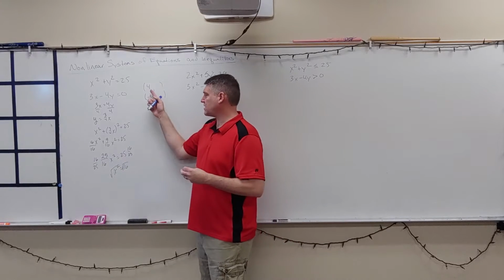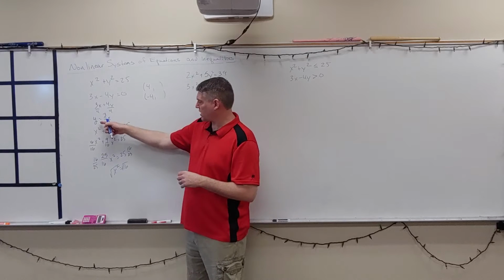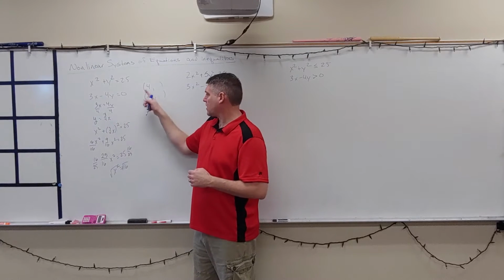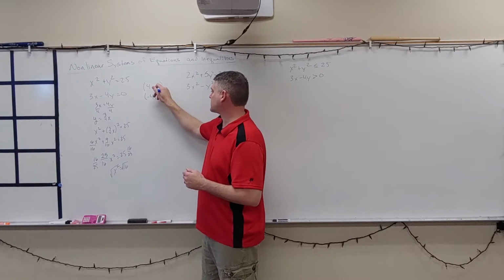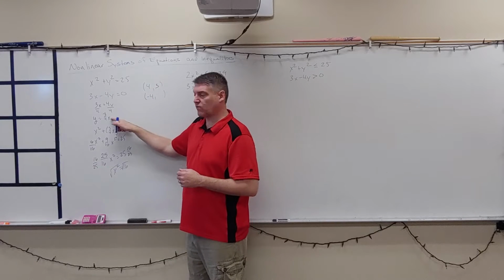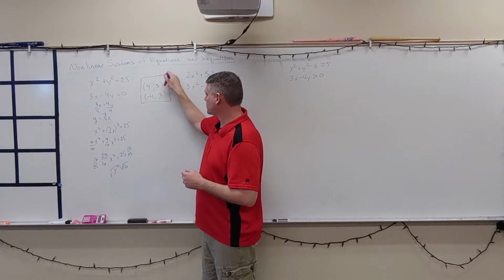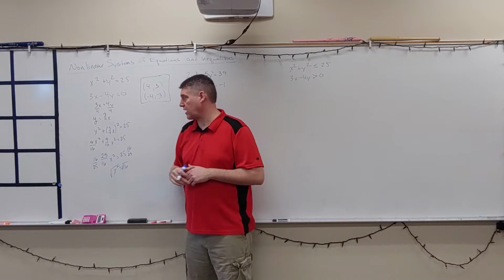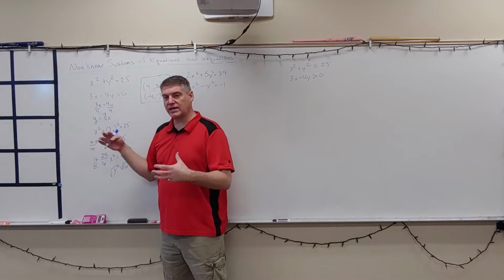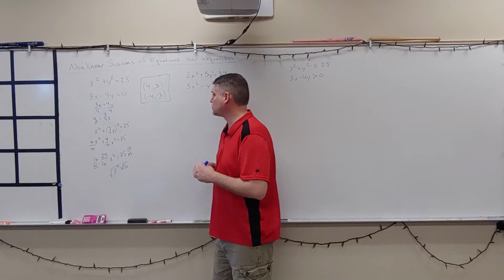Now, I'm going to take this and plug it in all the way down here. So 4 times 3/4 is 3, and -4 times 3/4 is -3. There are my 2 points of intersection, right? So a circle and a line can intersect at most 2 points.